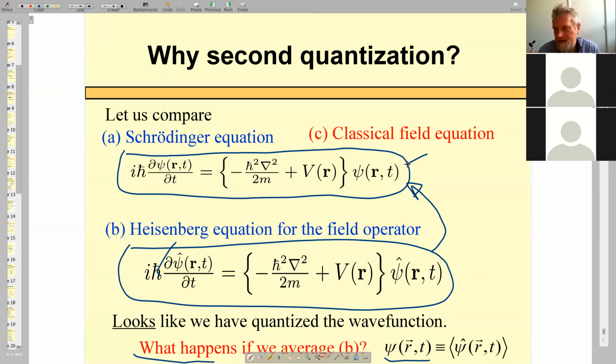Good. This is more or less about the origin of the term second quantization. But don't be confused. It's not the wave function which is quantized. Rather, the equation which describes the field theory appears to be formally similar to the Schrödinger equation for a single particle. But single particles are gone. We have a single field.